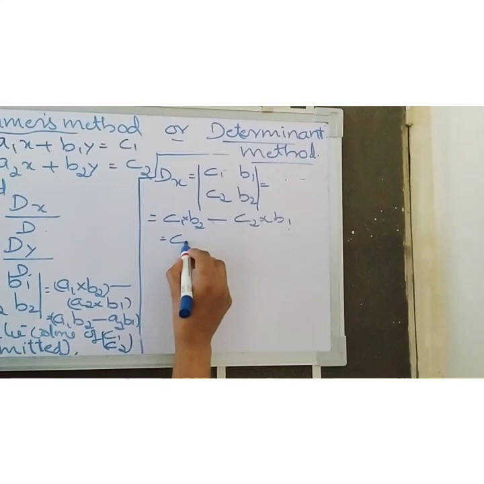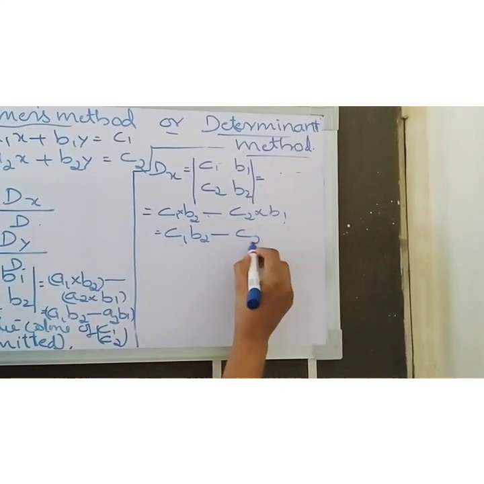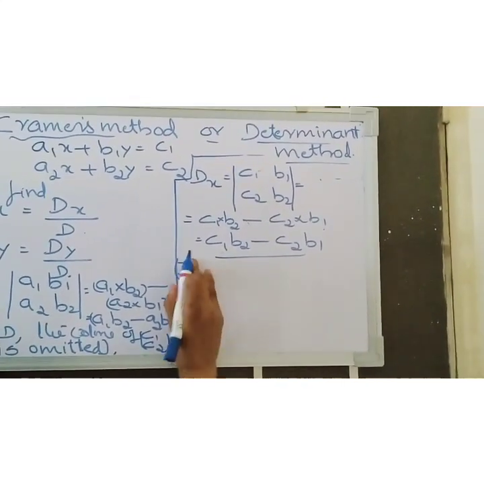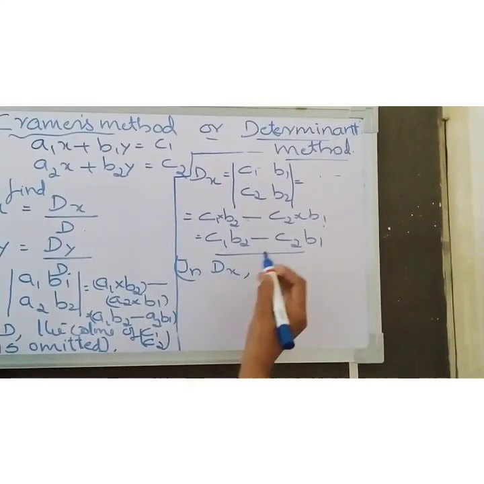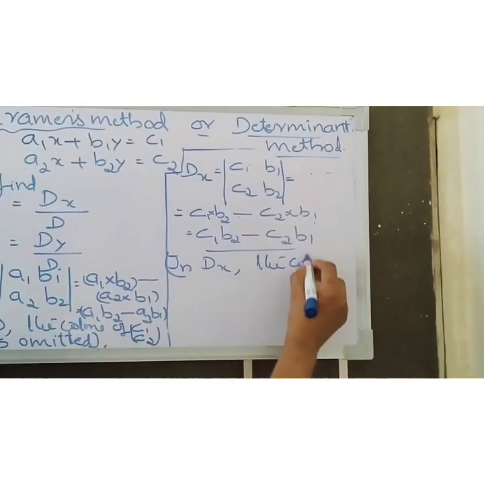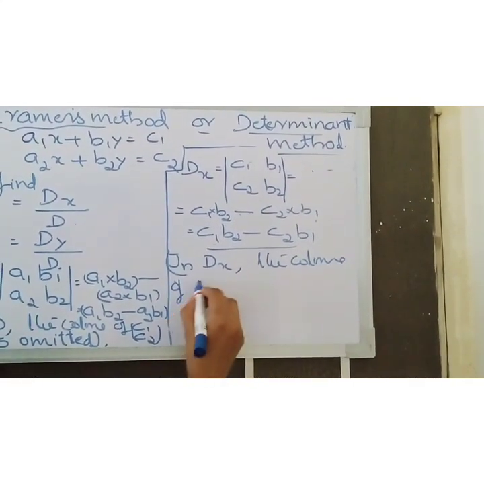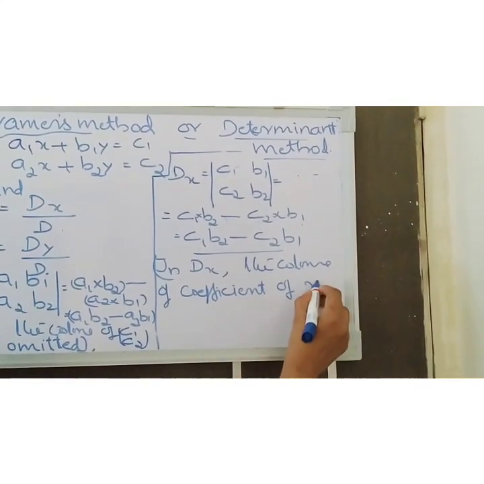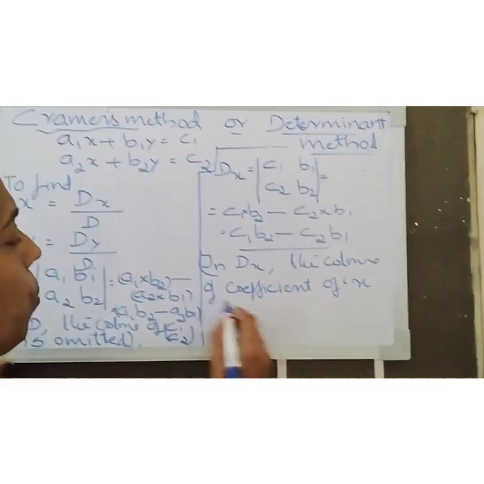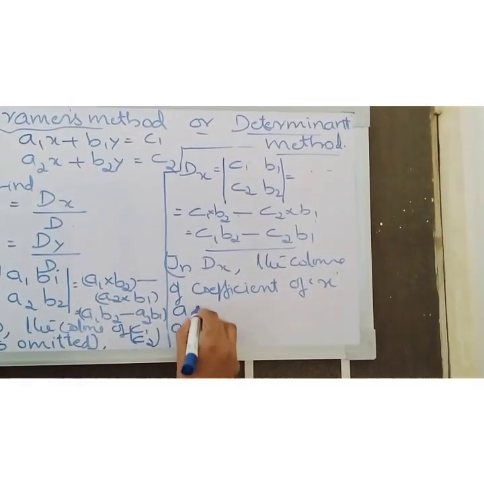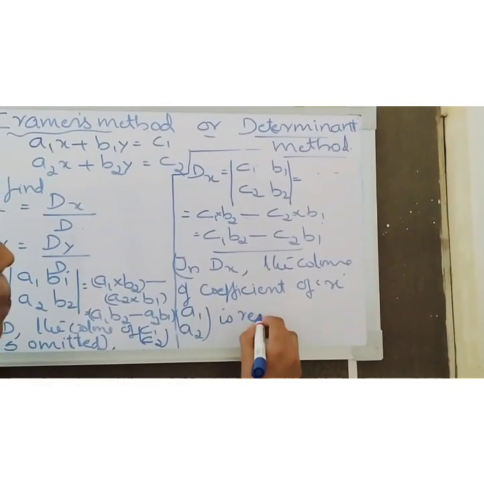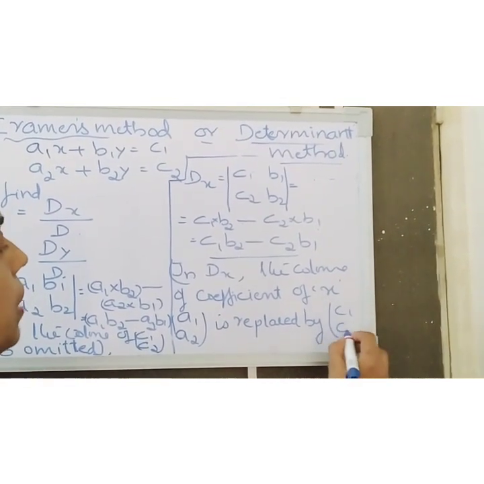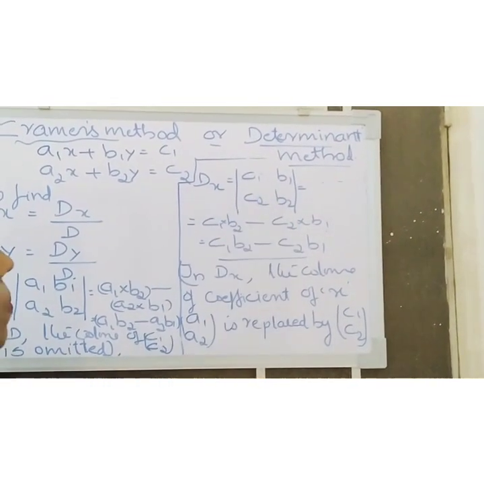That is c1 b2 minus c2 b1. Therefore, how do we find dx? In dx, the column of coefficients of x, that is a1 a2, is replaced by the constants c1 c2.